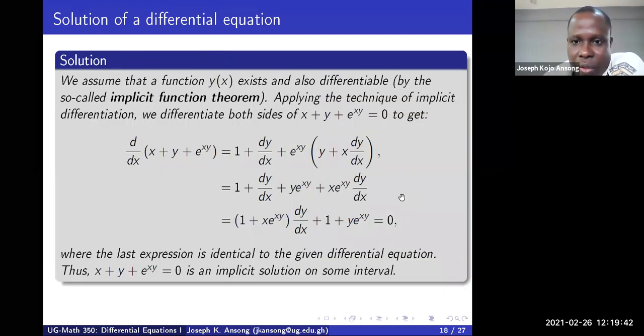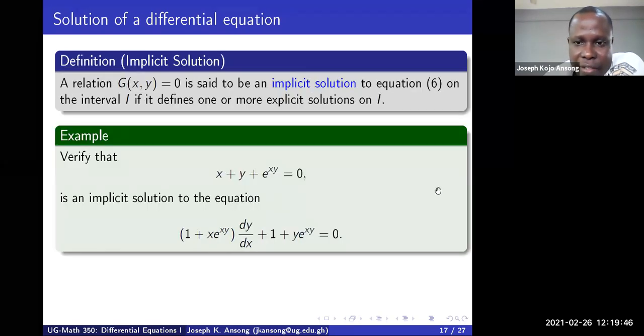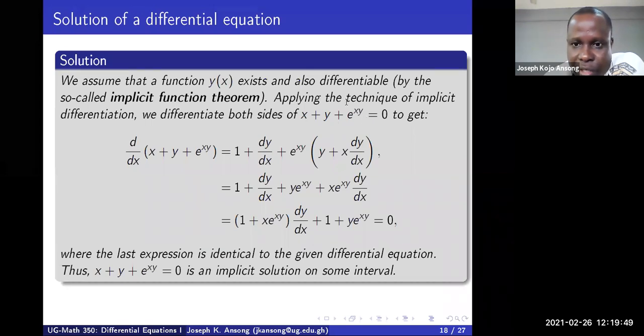Okay, so to do that, you take the expression, it's here. Take this expression and differentiate both sides. You need to apply implicit differentiation, if you remember differentiation. So find the derivative of both sides. So d/dx of this side will give me 1, and this will be dy/dx.